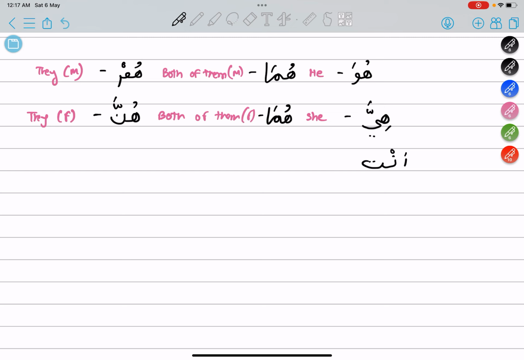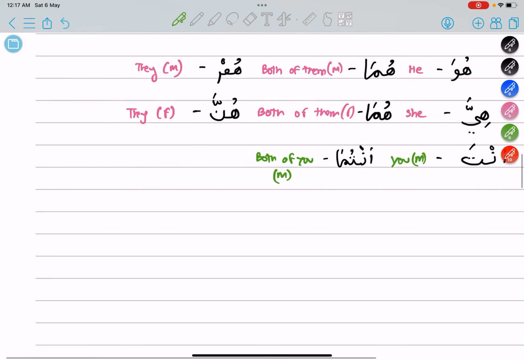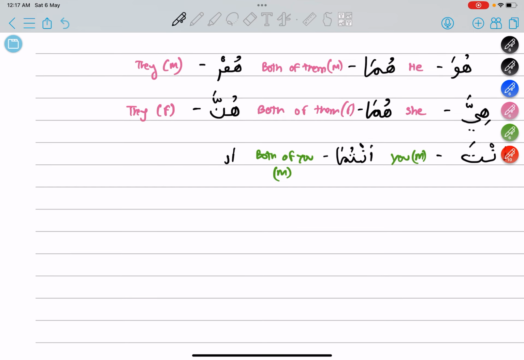Anta means you, masculine, and tuma means both of you, masculine, and antum means all of you, masculine.